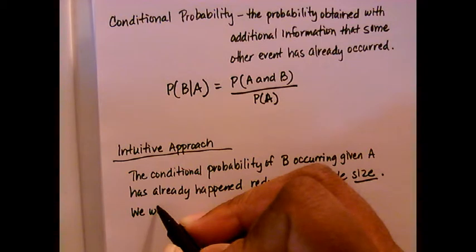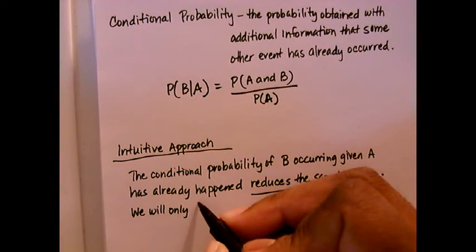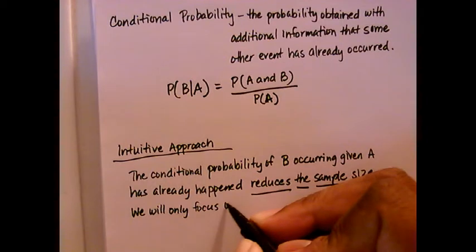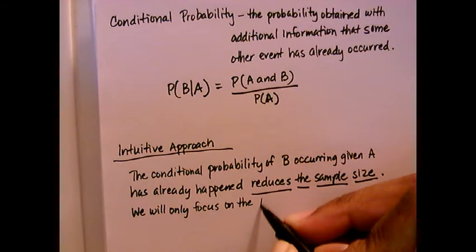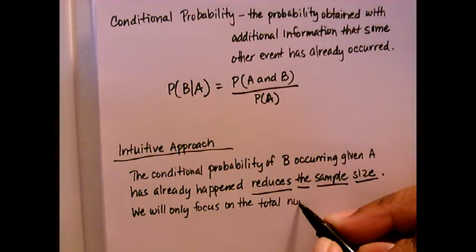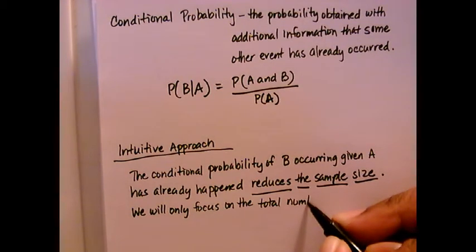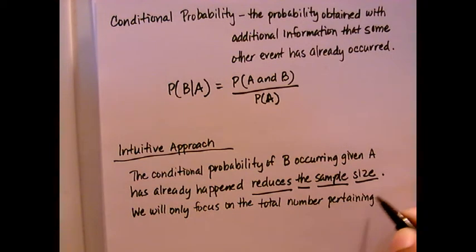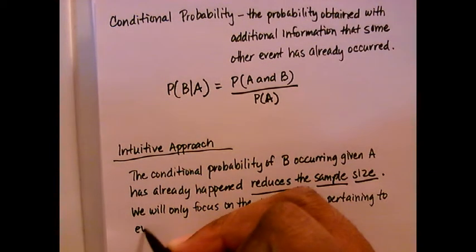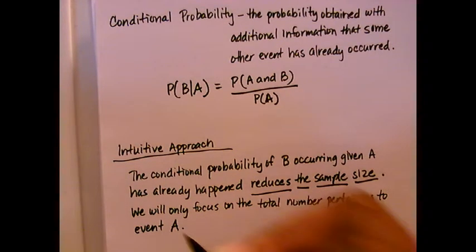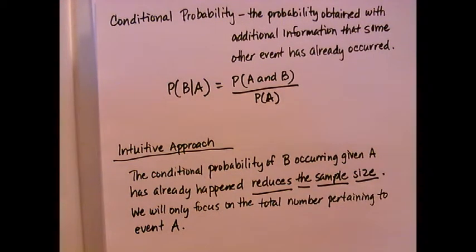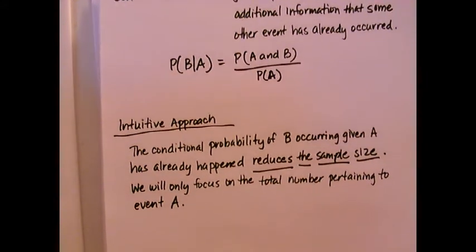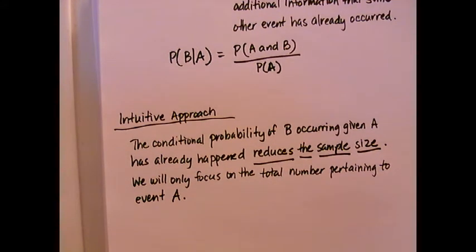In this case, we will only focus on the total number pertaining to event A. Okay, that's very important. So here, when you're dealing with a conditional probability, you're going to be reducing your sample size because you're only going to be focusing on event A and just that total number.